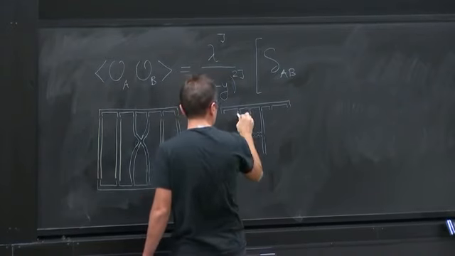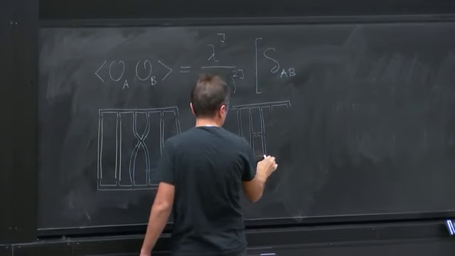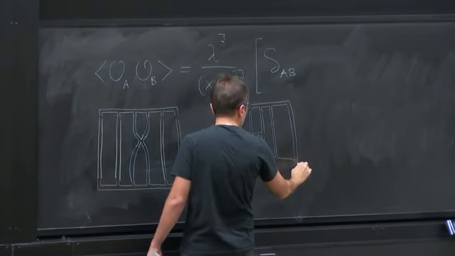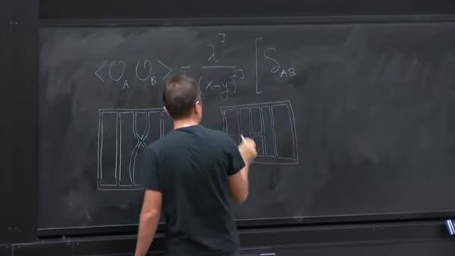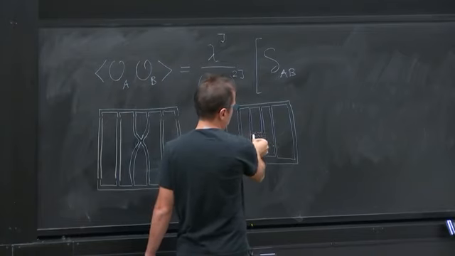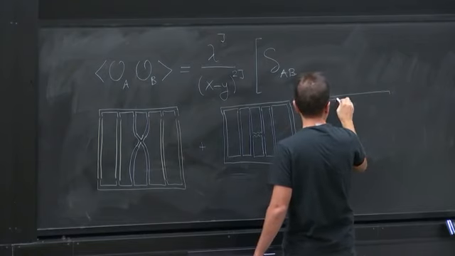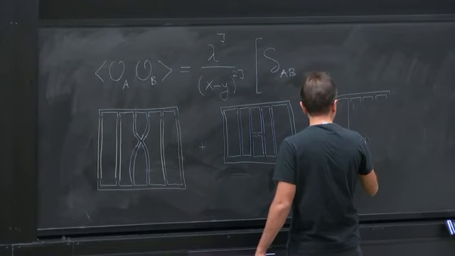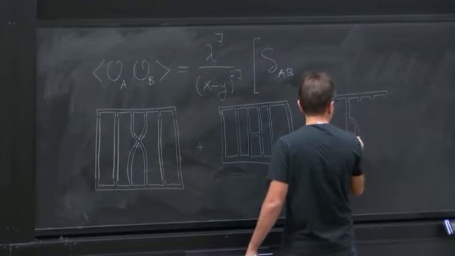That's one possibility. Another one is, instead of this wiggly line connecting one line to the other, the wiggly line could just connect with the same line. I could throw a gluon and then catch it later.